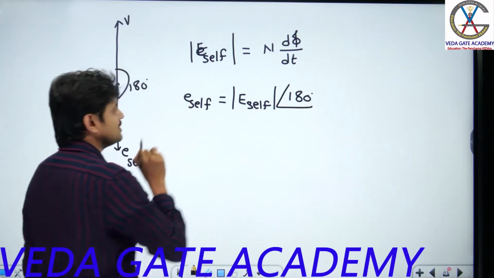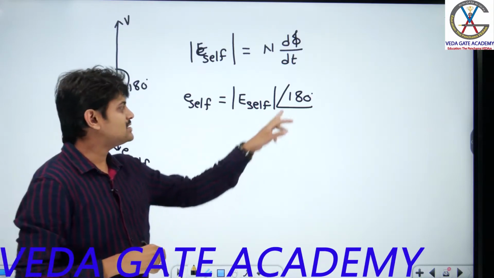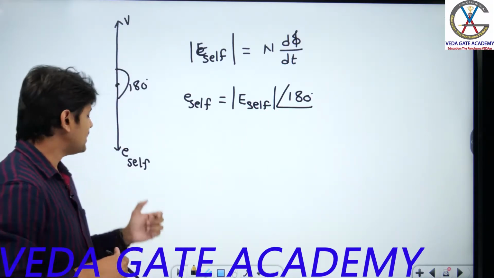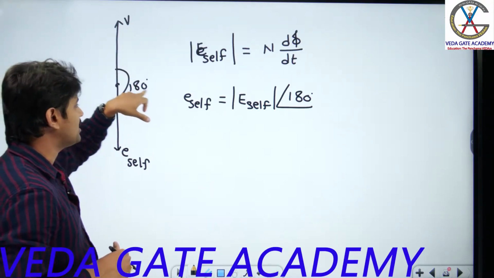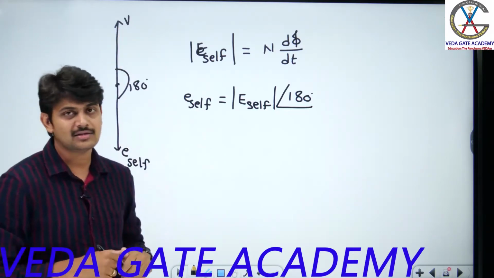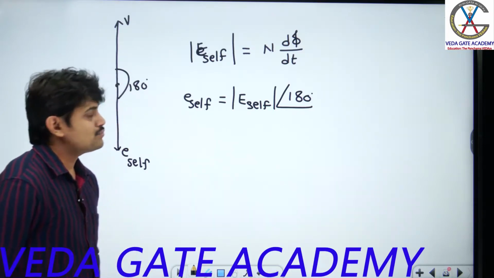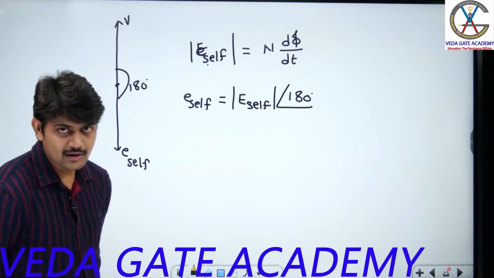I am writing exactly the self-induced EMF which incorporates both magnitude and angle. What is this angle 180 degrees? It means the phase angle difference between the self-induced EMF and the applied voltage is 180 degrees. So with respect to the applied voltage, I am calculating the self-induced EMF. Are you following what I am saying? So according to Faraday's second law, I got the magnitude expression, which is equal to N d phi by dt.